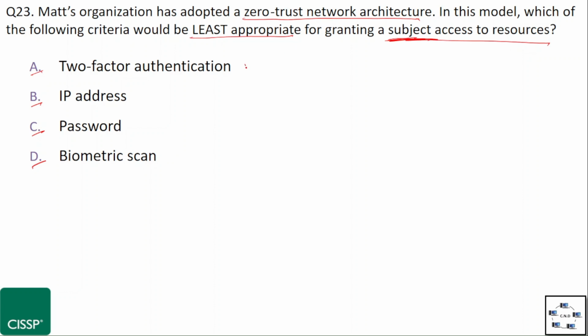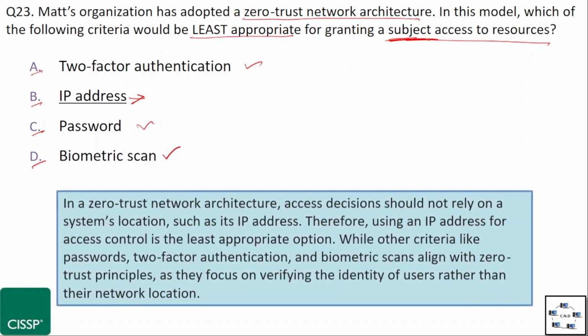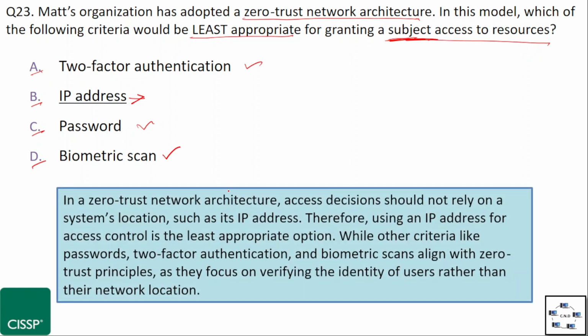So two-factor authentication, passwords, and biometrics all give us some form of authentication, while the IP address is the least appropriate to use as an authentication mechanism to grant access to resources. In a zero trust network architecture, access decisions should not rely on a system's location such as IP address.